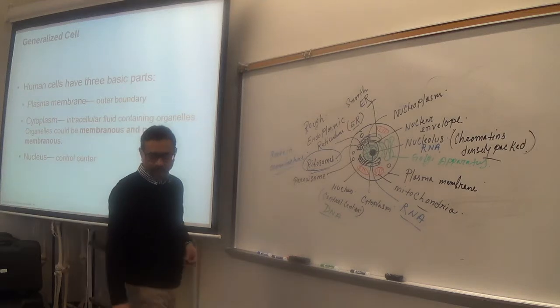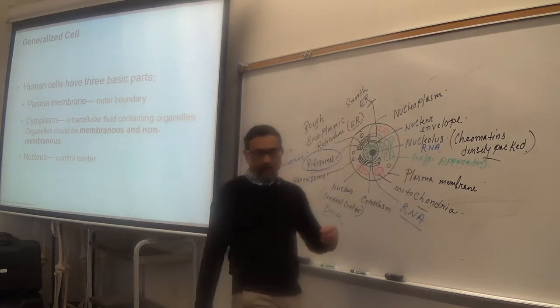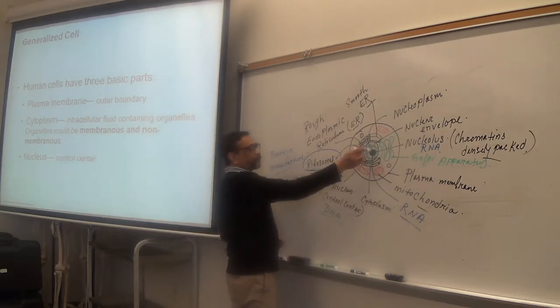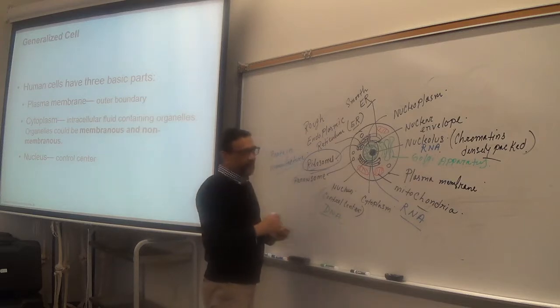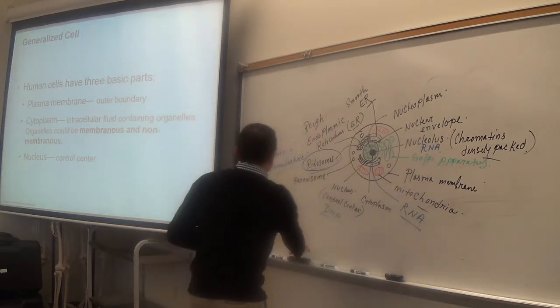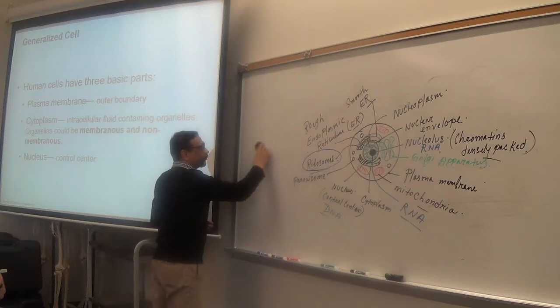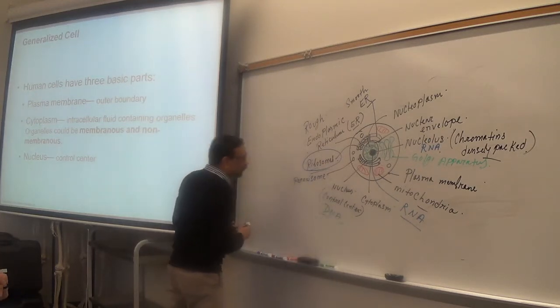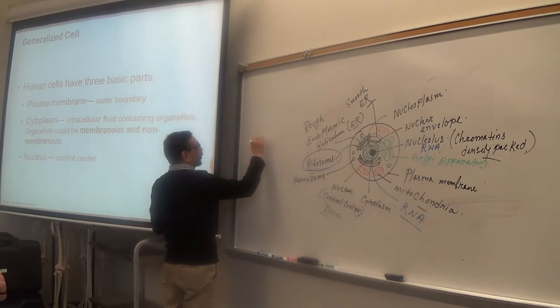What does RNA stand for again? Ribonucleic acid. Okay. So there are three types of RNA. One is called ribosomal RNA, or rRNA.